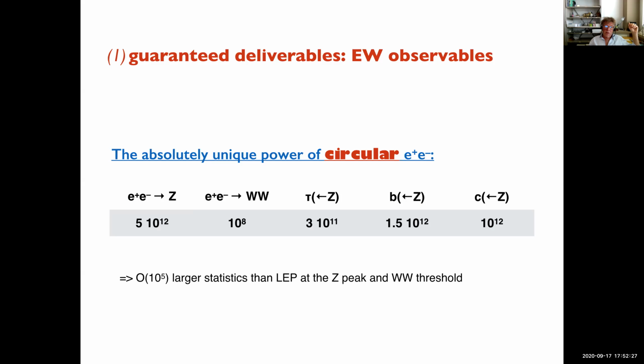Guaranteed deliverables: electroweak observables. In addition to the Higgs program, there is the electroweak program that is only possible at the circular e+e-, while the Higgs can be done also by a linear e+e- collider. If we want to have the statistics of 10^12 Z bosons, this cannot be done in a linear e+e- collider. This absolutely requires a circular e+e- collider.